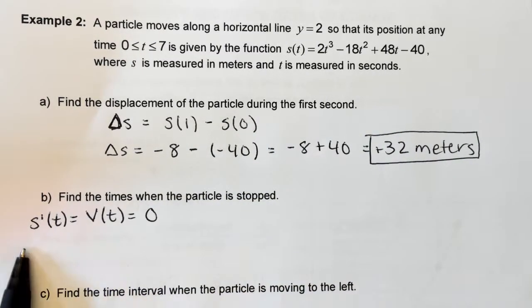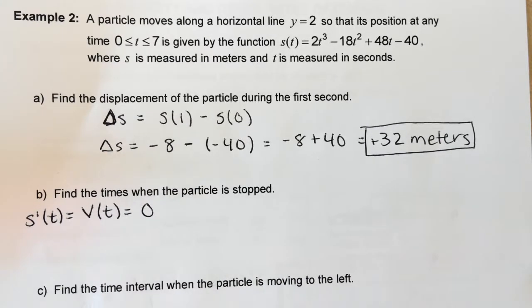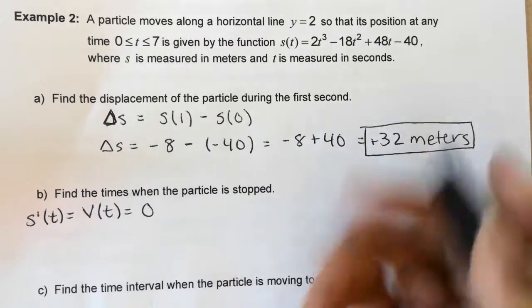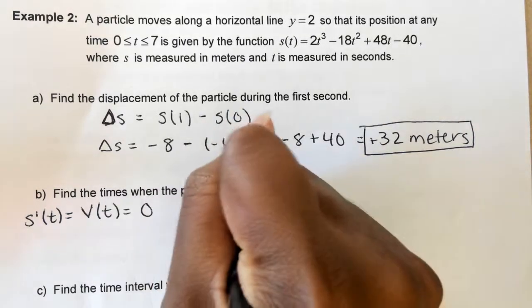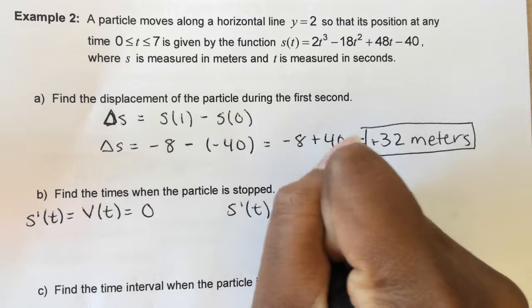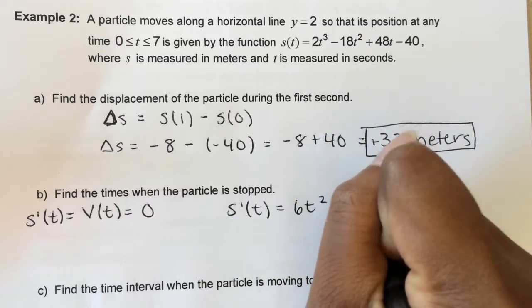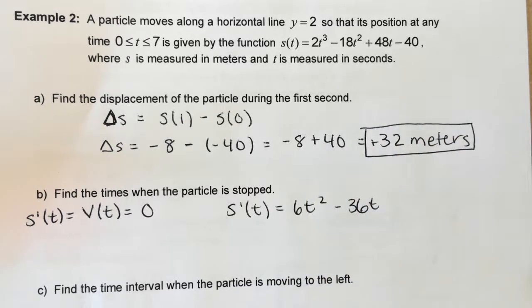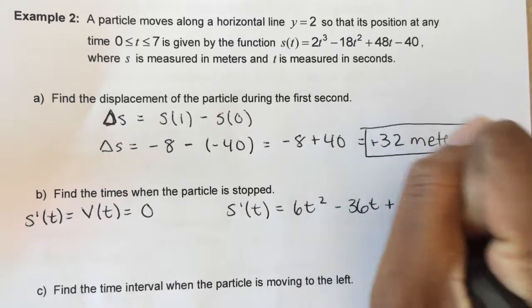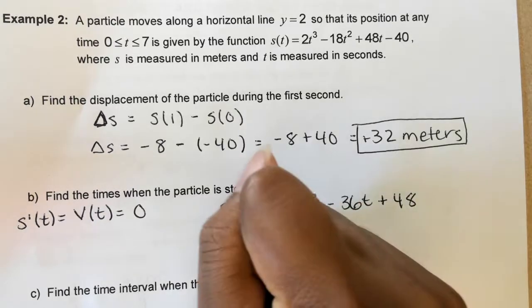So to find the derivative, we'll just use the power rule. So we have 6t squared minus 36t plus 48, and we want that to equal 0.